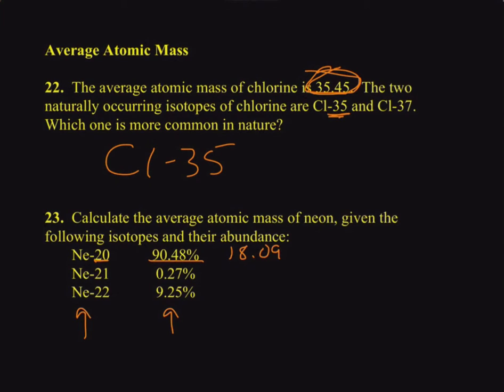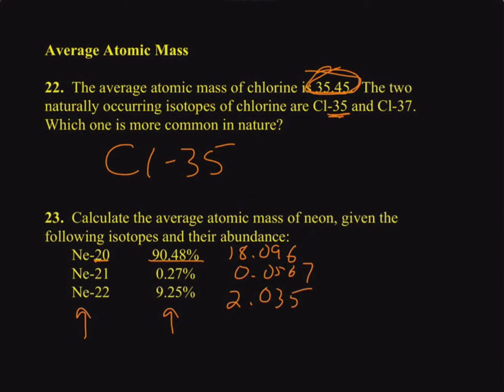When you do that for the first one, you get 18.096. You do it for the second one, 21 times 0.27 divided by 100 is 0.0567. And for the last one, 22 times 9.25 divided by 100 is 2.035.